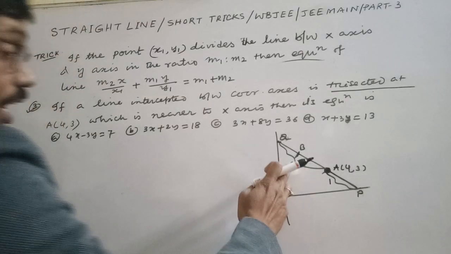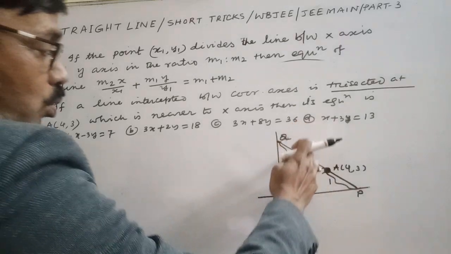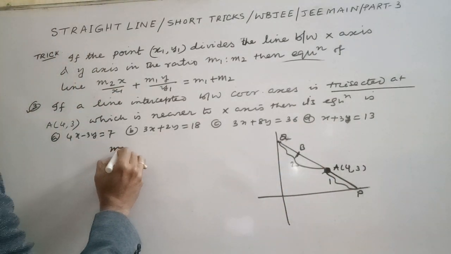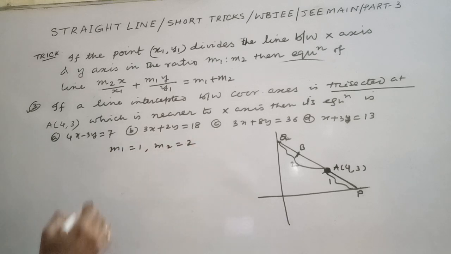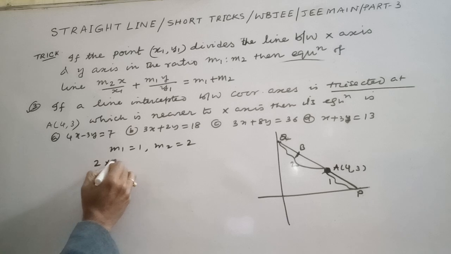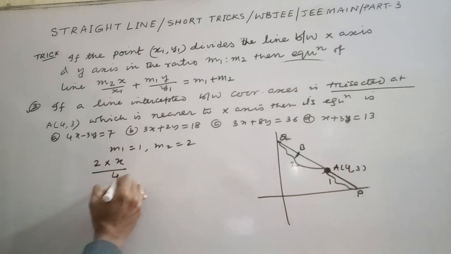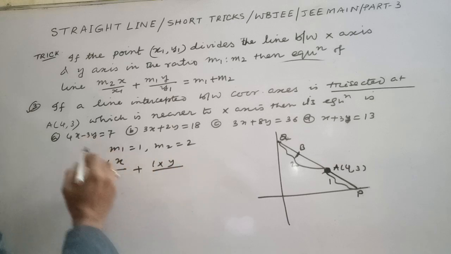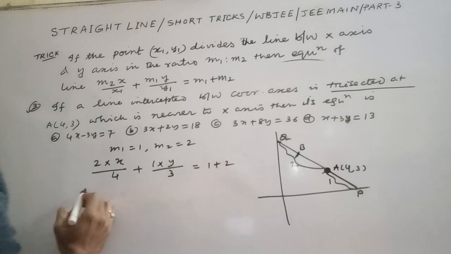So it is nearer to the x-axis. If it is nearer to the y-axis, then it will be 2:1. So here m1 equals 1, m2 equals 2. So put the value 2 into x by x1, that is 4, plus 1 into y, y1, this is 3, equals 1 plus 2.